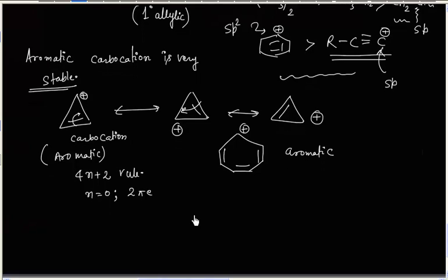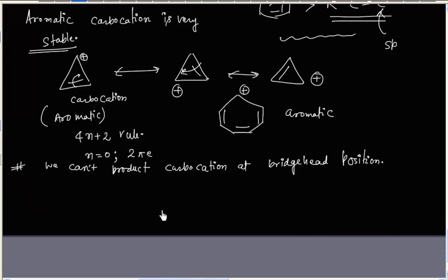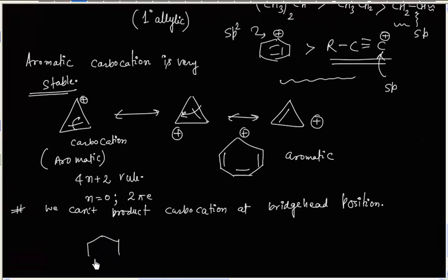One more important point we have, and that is we cannot produce carbocation at bridgehead position. What this means, it is not possible to have this kind of carbocation. And the reason is very similar.